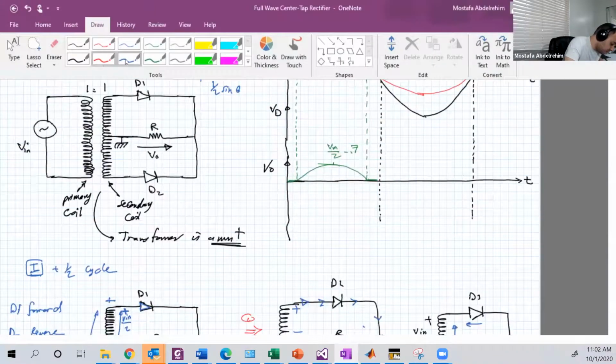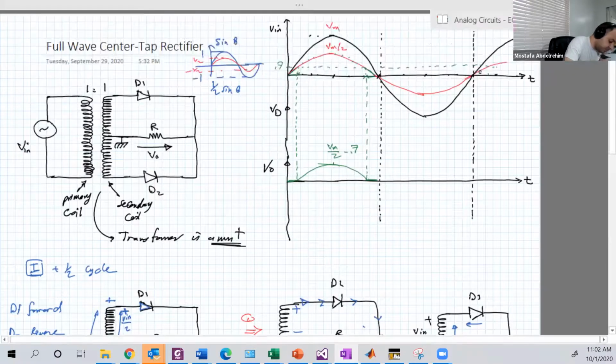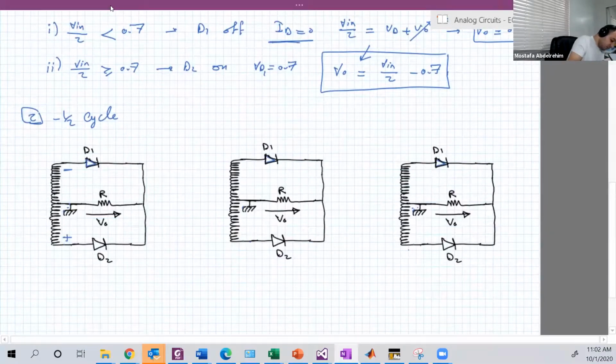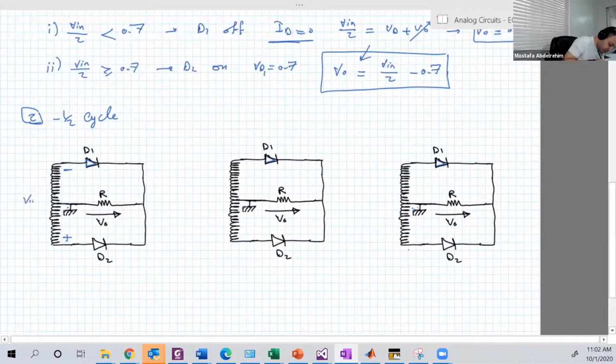So I'm going to draw the same input, but flipped. With the original curve, this solid curve here is the original input, but now this is, let's call it, V input dash. Good. So this is V in dash. The ground to the negative is considered the positive.